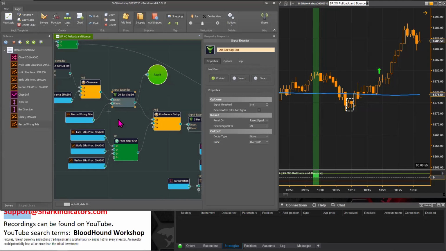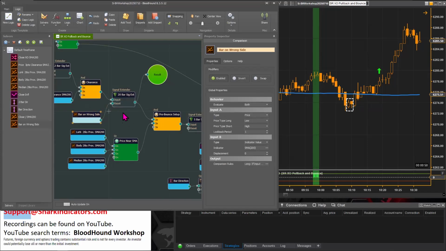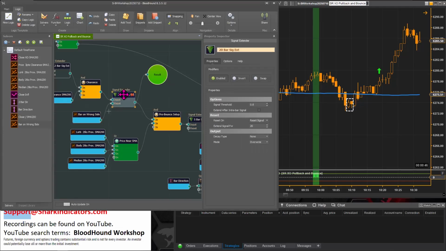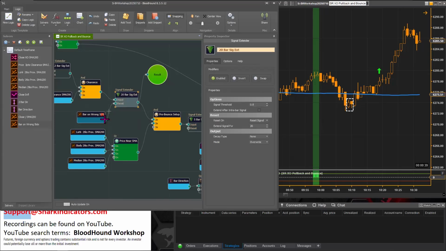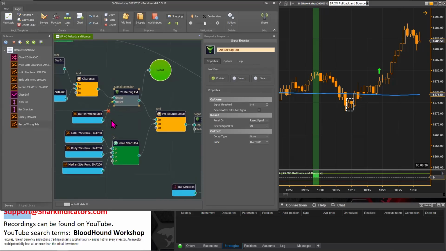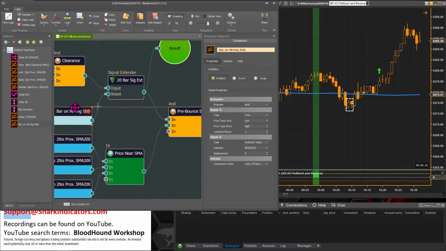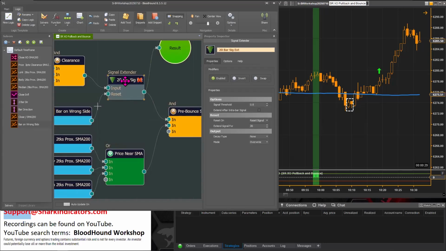And that did it. All we had to do is connect that in. Let me select our signal extender there. So the reason why just connecting this into the reset connector, you can see I connected it into the reset on our signal extender here, the default.